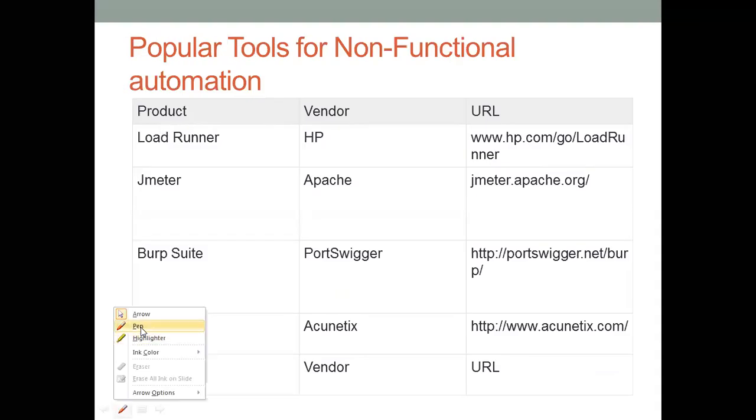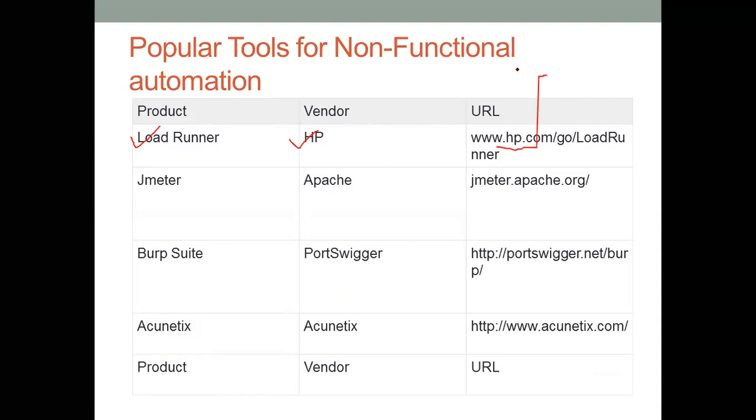So what is the name of that tool? Load Runner, and the company that has developed this tool is HP. This is a non-functional automation tool and you will get all the information from hp.com.